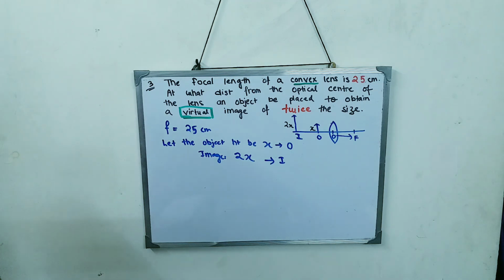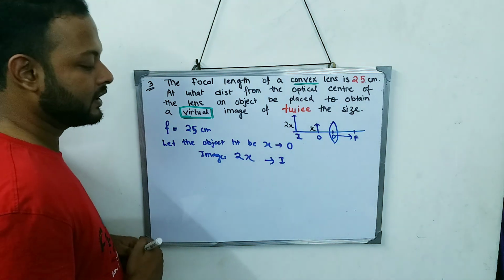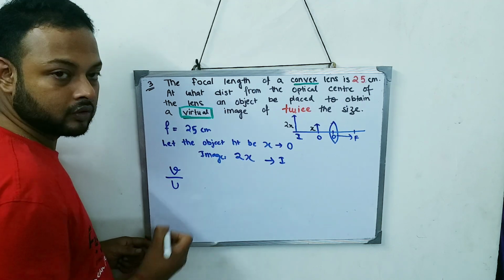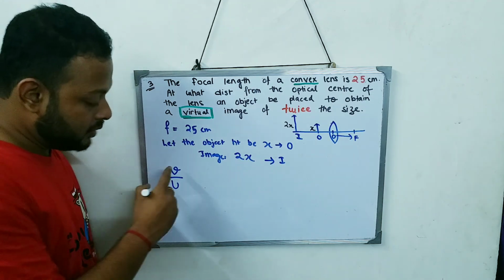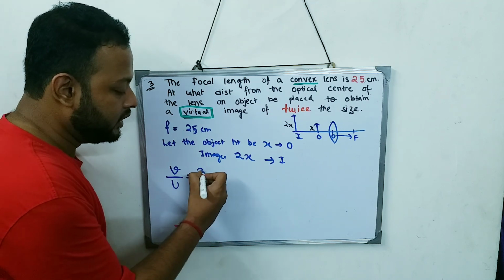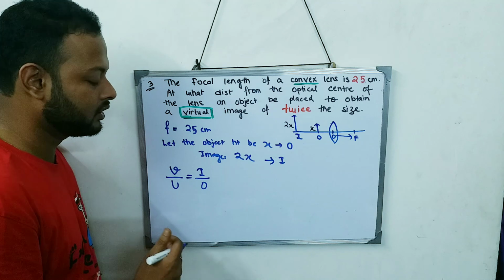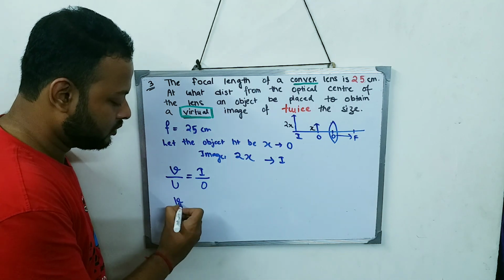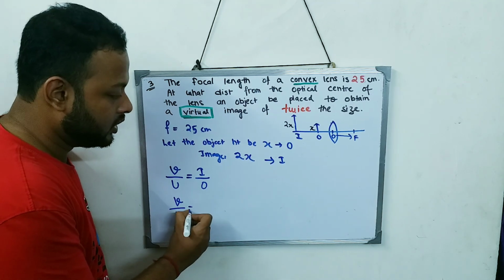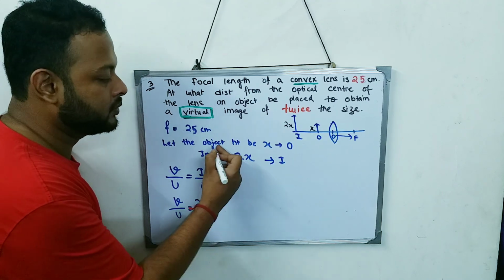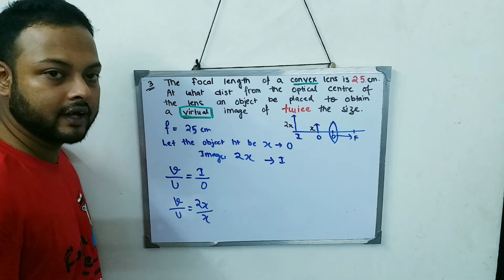Now from here I'll get the relationship between v and u. I'll use the formula v by u, which is image distance by object distance, is equal to image height by object height. So v by u, image height is 2x, and object height is given as x.